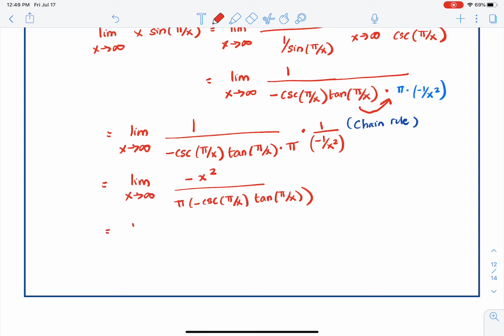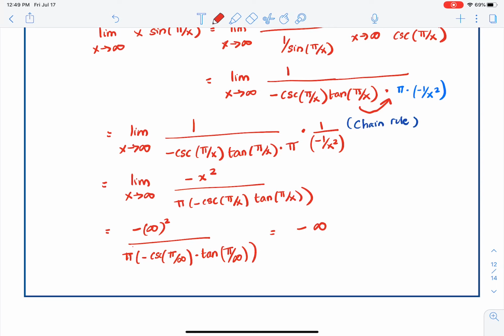So now we can take the limit. We have limit x approaches infinity, which would give us negative infinity squared, divided by pi times negative cosecant pi over infinity times tangent pi over infinity.